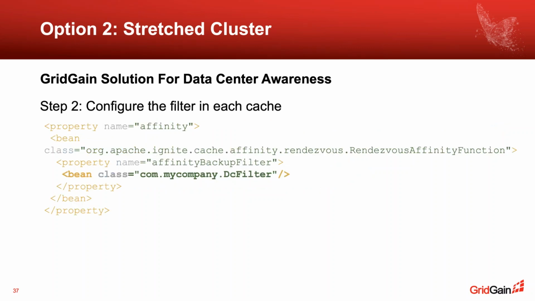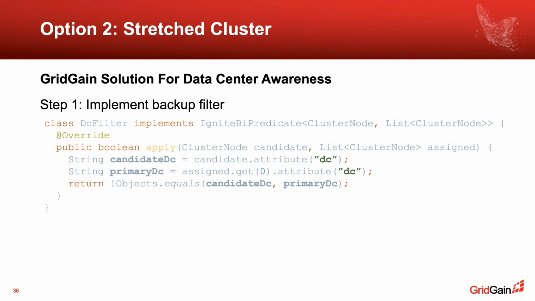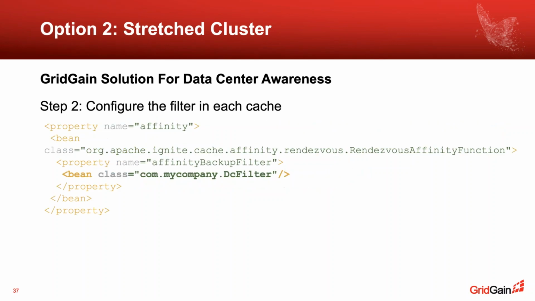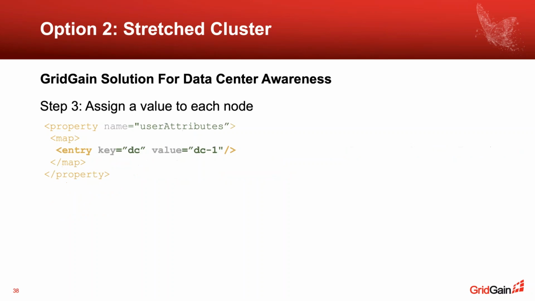Step 2, we just need to configure the DC filter that we just implemented in our caches, and we need to repeat this configuration for all of our caches that we want to be disaster recovery enabled, which we want to be data center aware. And finally, we need to assign the DC attribute values.